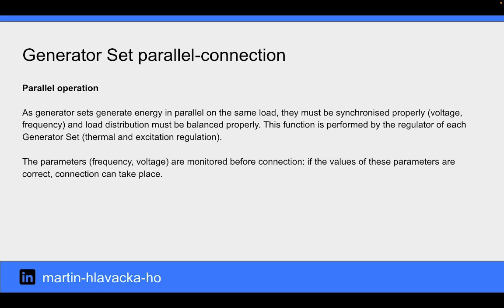As generator sets generate energy in parallel on the same load, they must be synchronized properly and load distribution must be balanced properly. This function is performed by the regulator of each generator set. The parameters like frequency and voltage are monitored before connection. If the values of these parameters are correct, the connection can take place.